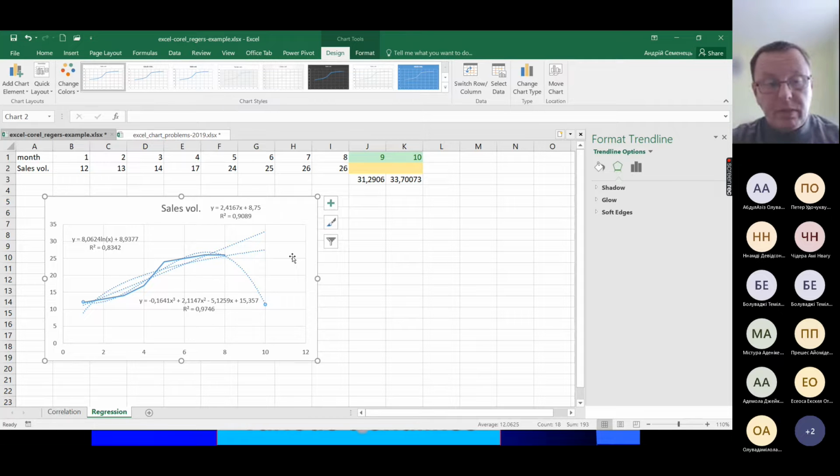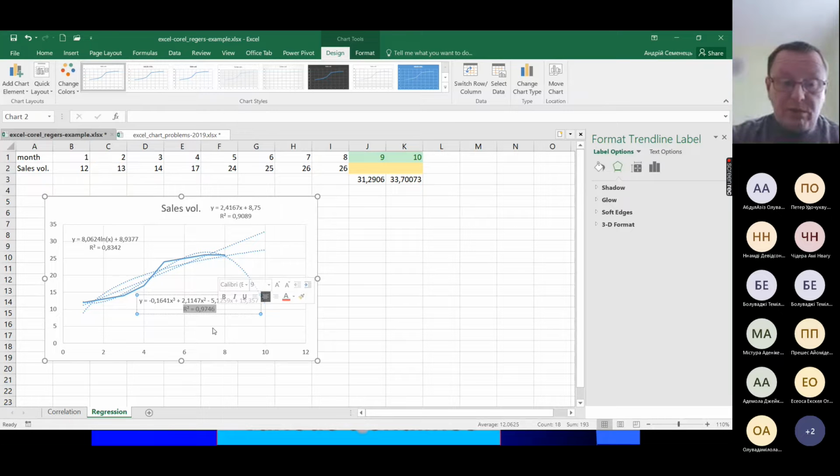So the question is unclear, and the answer could not be definitely clear about which model best fits our data. Technically, it's polynomial third order, but a linear model could also be applied in this case.